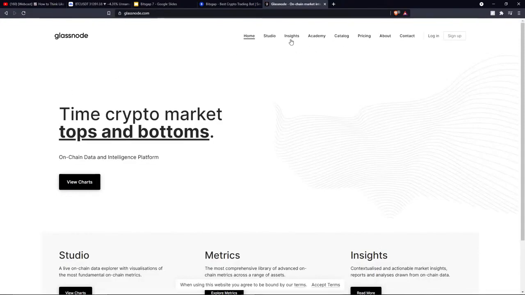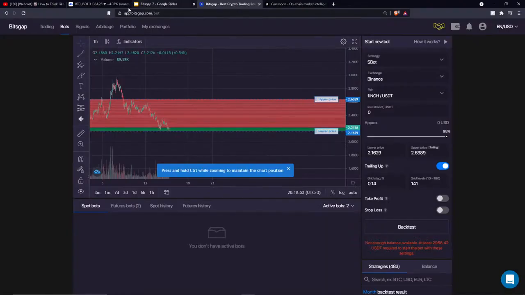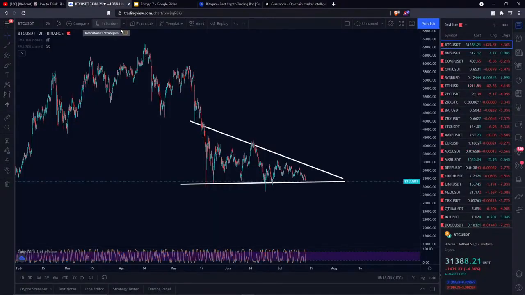So on Glassnode you can see things like basically the metrics and insights from the data flow, like the investment flow on the market, the net inflow to exchanges and out of exchanges.